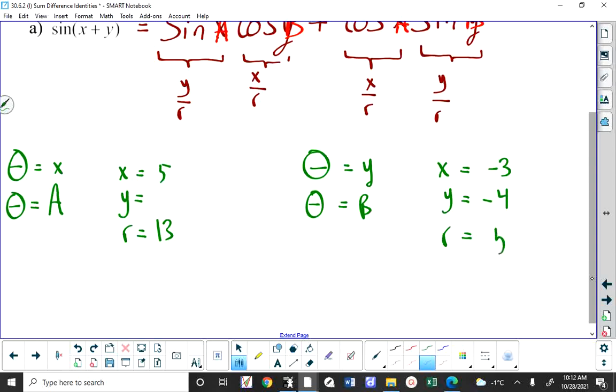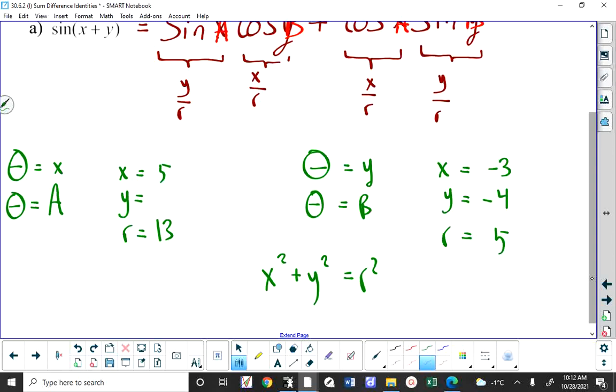We're using x squared plus y squared equals r squared. Do me a favor and calculate y. What do you get, Evan? 12? Yes. Okay, good.